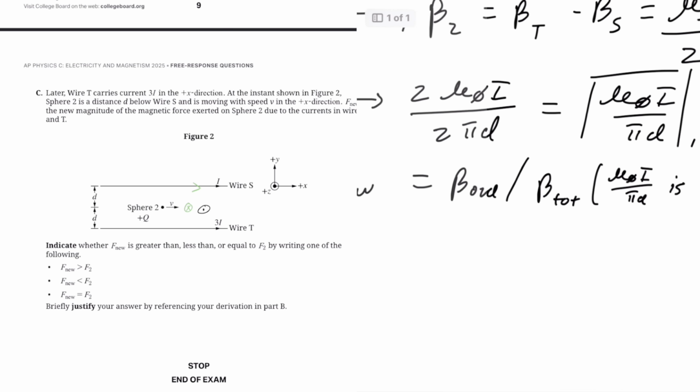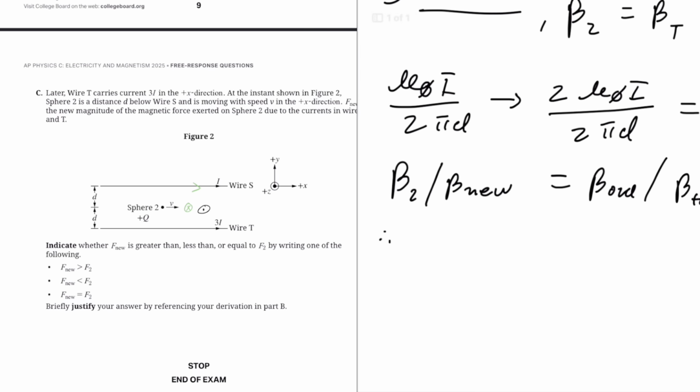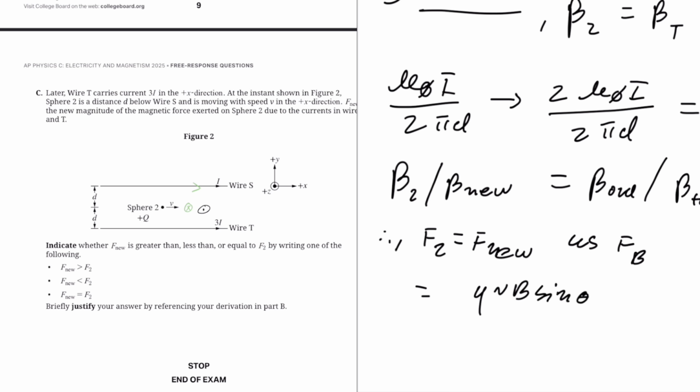Because these two expressions are equal, therefore F2 is equal to F new, as FB equals QvB sine theta, and neither Q, v, B, nor sine theta changed.